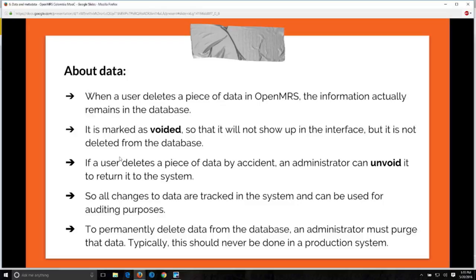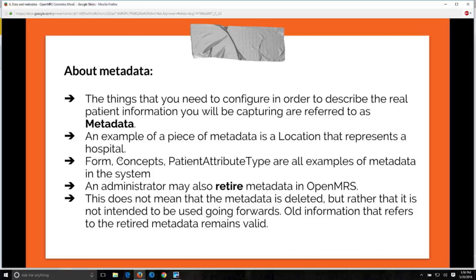Typically, this should never be done in a production system because you want to do auditing of the data that has been captured. Only in very limited cases where there is a blatant problem with data, where the capturing of that information was completely incorrect, do you want to purge information. But in production systems, you never want to purge any data.